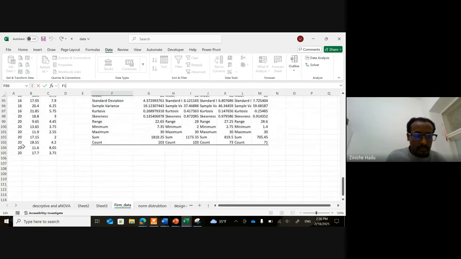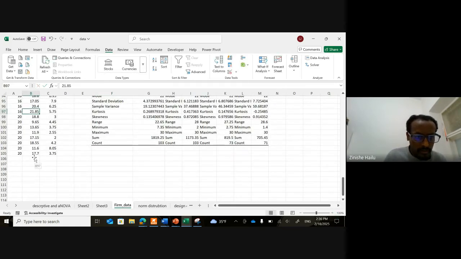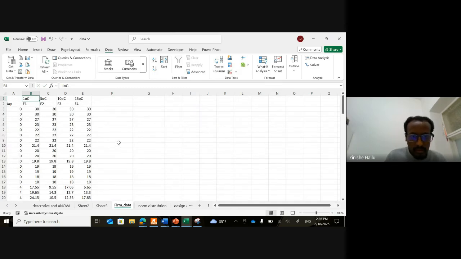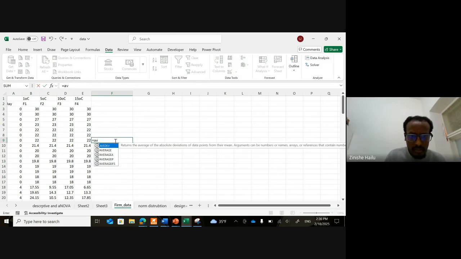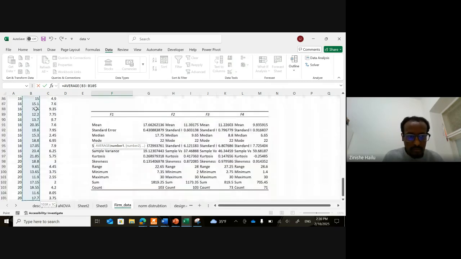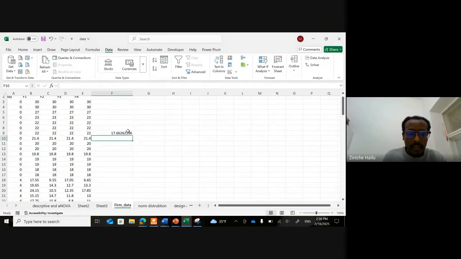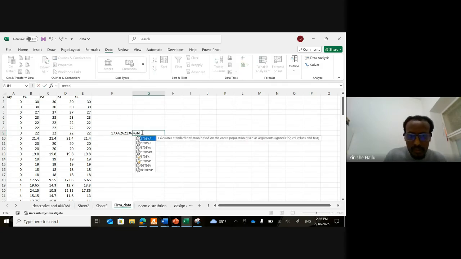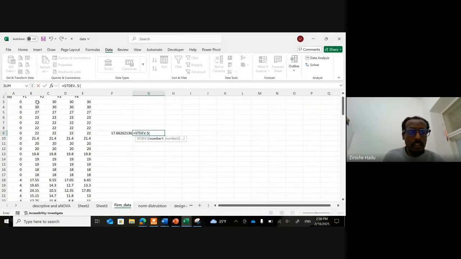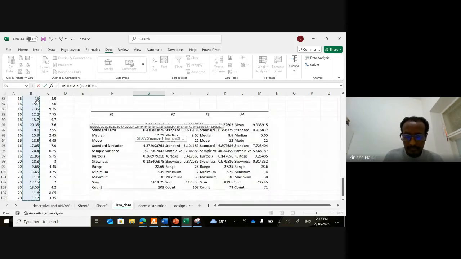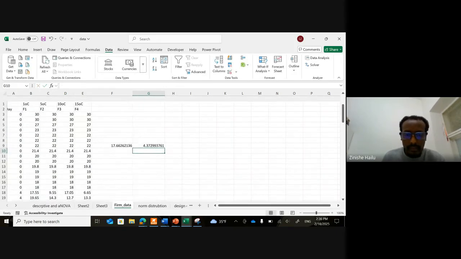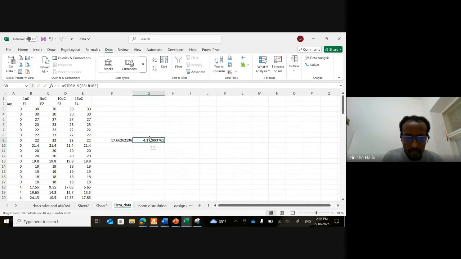So we can use this for basic descriptive statistics, or we can also use the functions here. Let's say I make AVERAGE here to get the mean from this to this, and if we press enter, I get 17.66. If we want to calculate the standard deviation of the sample, we can select the sample standard deviation, so again I will calculate this here.